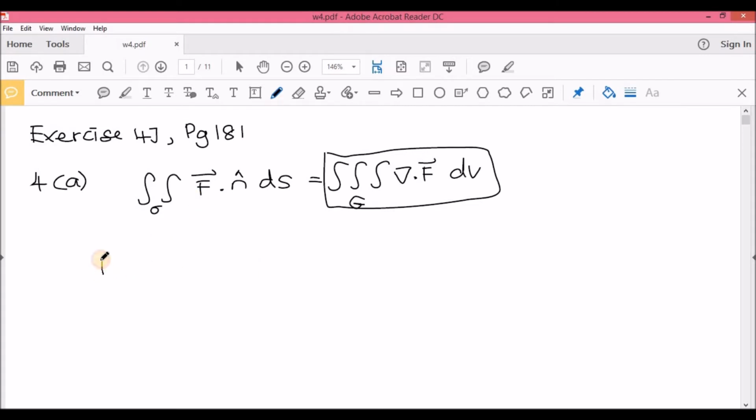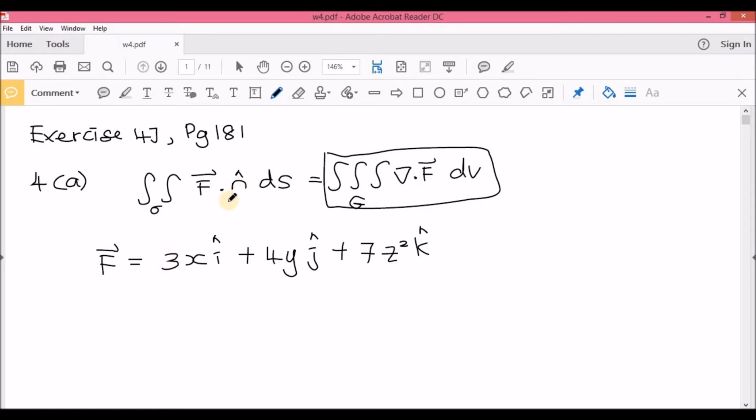Let's look at the force given by the question. The force F equals 3x i plus 4y j plus 7z squared k, and the surface covers G with outward vector n.